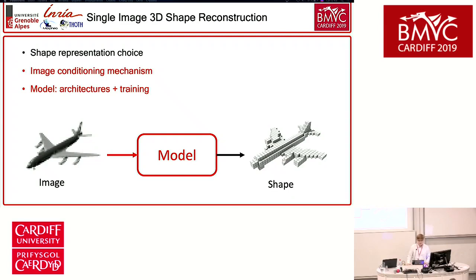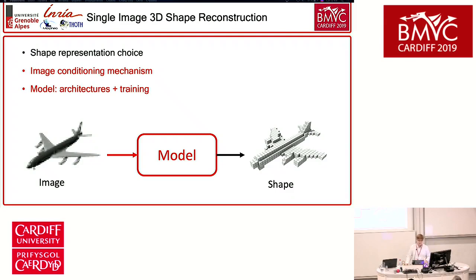So in our work, we took one of the first and the most basic representations, which is 32 cube voxel grids, and tried to focus on other aspects of the task. And we contribute a probabilistic formalization of the single image 3D reconstruction task.